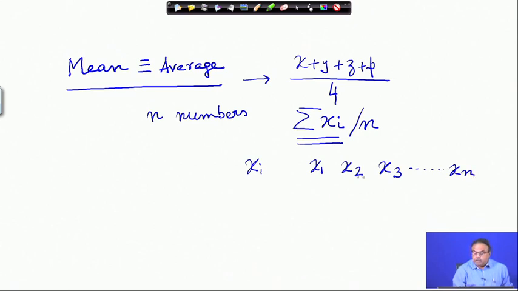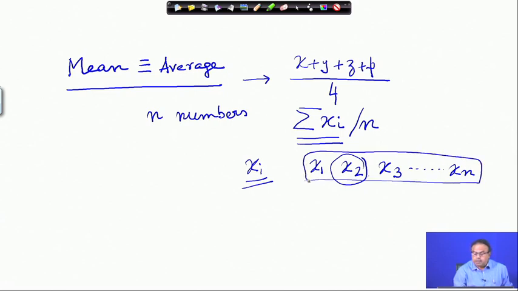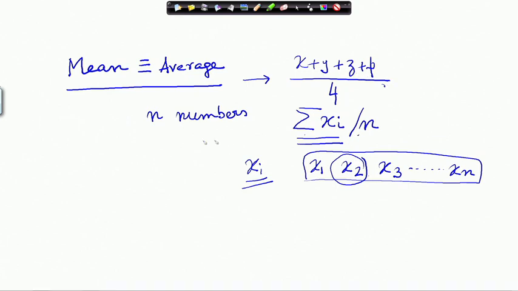Any of these numbers I can represent with xi, and by replacing different values of i I can get any of these numbers. So, the sum of all these numbers can be designated as sigma of xi. This sigma means summation, so I do the summation and divide by n. When it was 4 numbers, I divided by 4. Here, since there are n numbers, I divide by n.